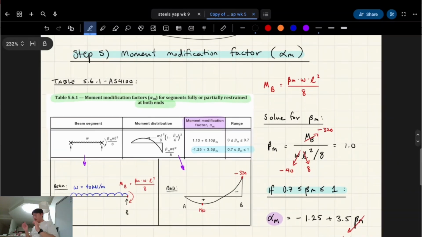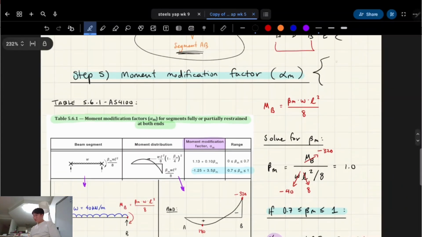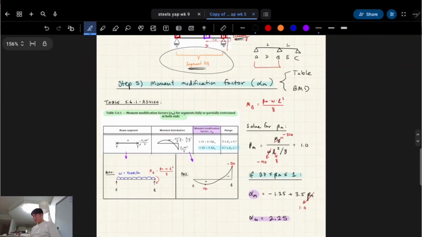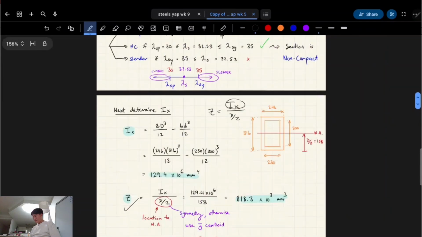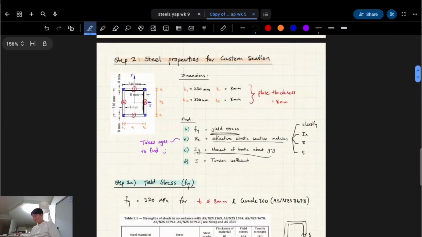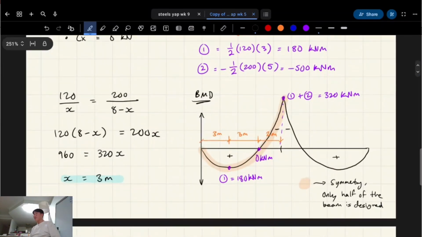So when you're trying to figure out the moment modification factor, there's two methods: use the table or the bending moment diagram. We actually could have done the bending moment diagram version. If we go all the way back, I've done the graphical method for finding the bending moment diagram.